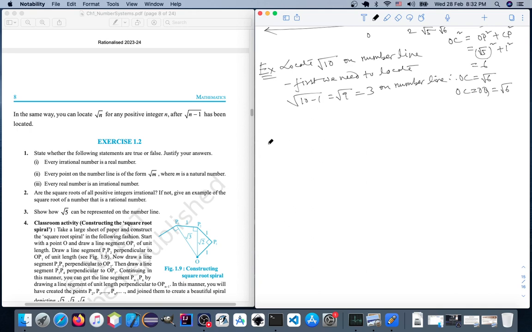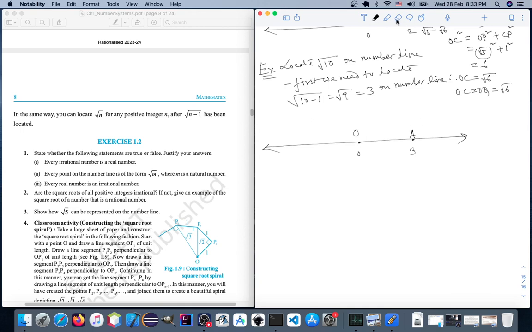So in this case, we first draw the number line, take the origin 0, mark the point A, so let's say this is 3. We need to first locate root over 9. Root over 9 is 3. So we have located 3.